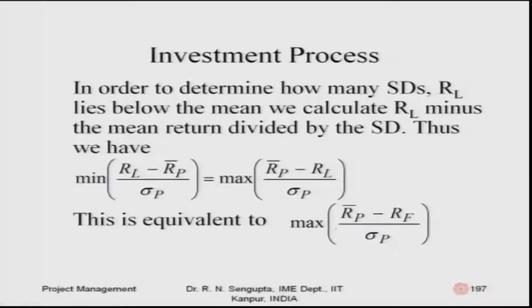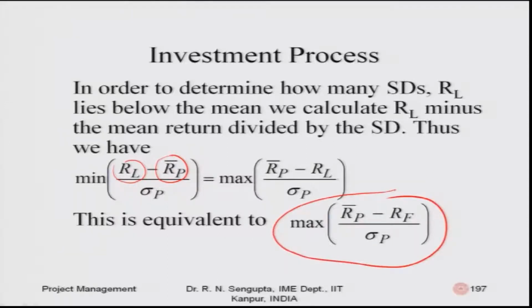To find this normalized mean, I find the difference of the RL value with respect to the portfolio of the project, divided by sigma p for that project. Or else you can maximize. Minimizing RL minus RP is also equal to maximizing the difference. This is equivalent to the formula given here.